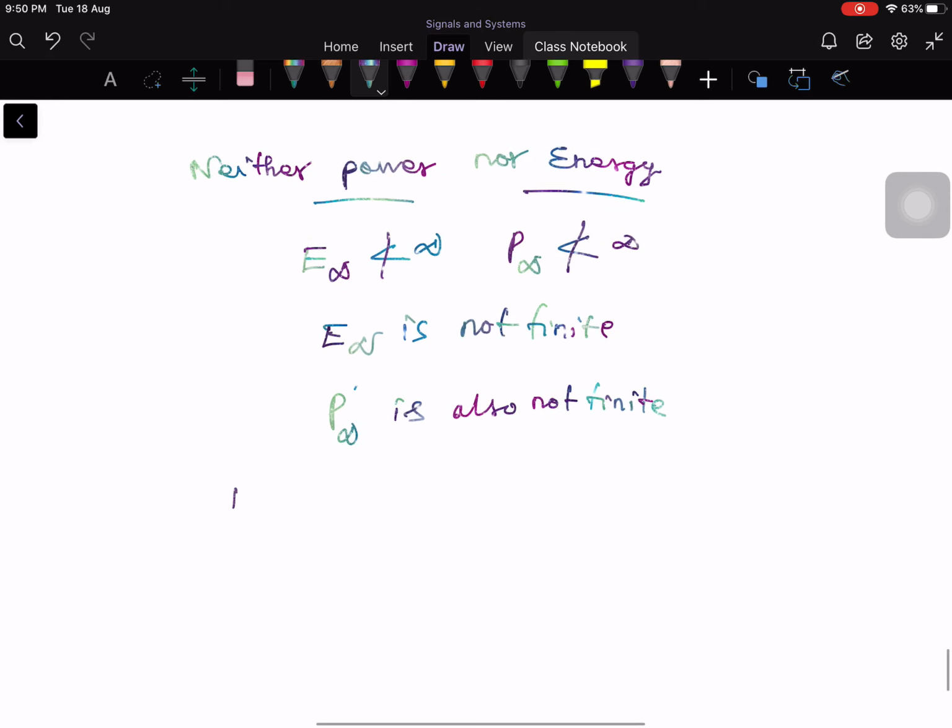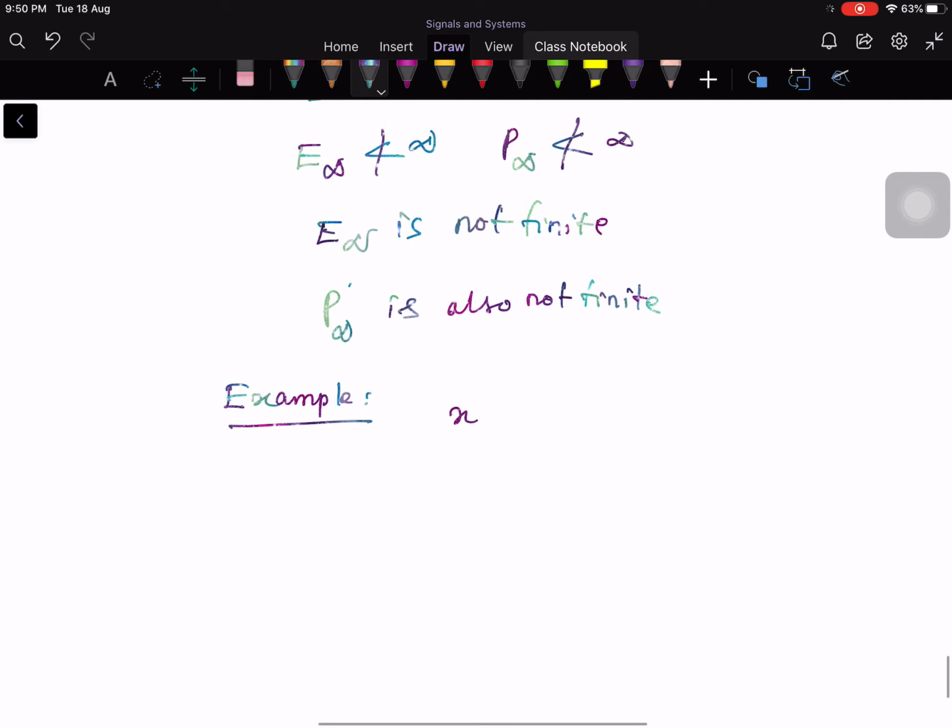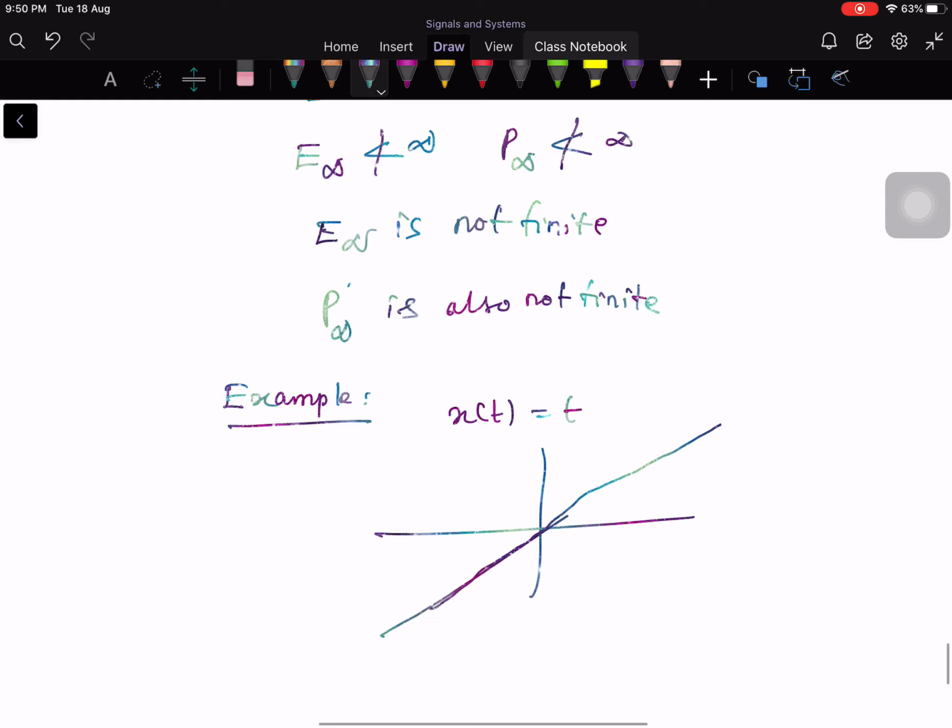If you want to take a simple example for this, then you take x of t is equal to t. So the signal looks like this. It goes like this. Maybe my drawing is not very clear.